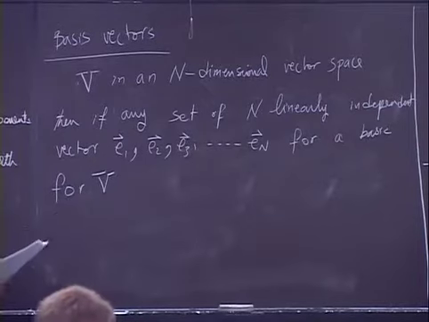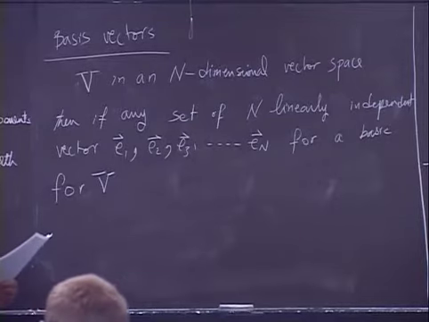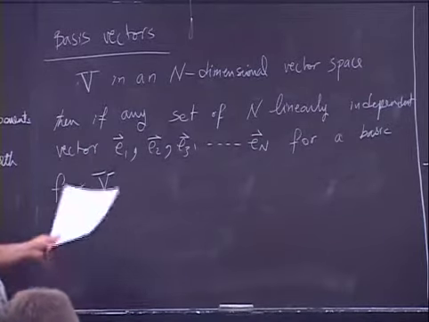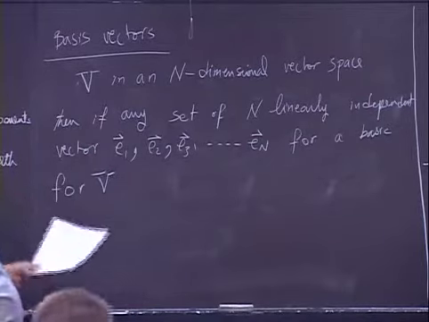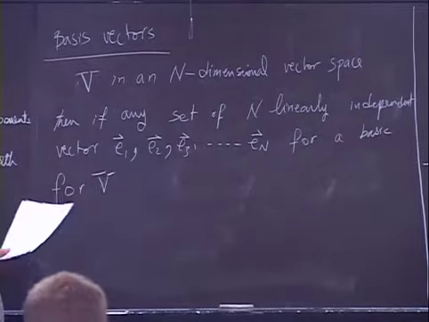So you can decompose the 10-meter vector into the three components: AX in the direction of I plus AY in the direction of J plus AZ in the direction of K. So if we have a vector space with n dimension, any set of linearly independent vectors can form the basis.